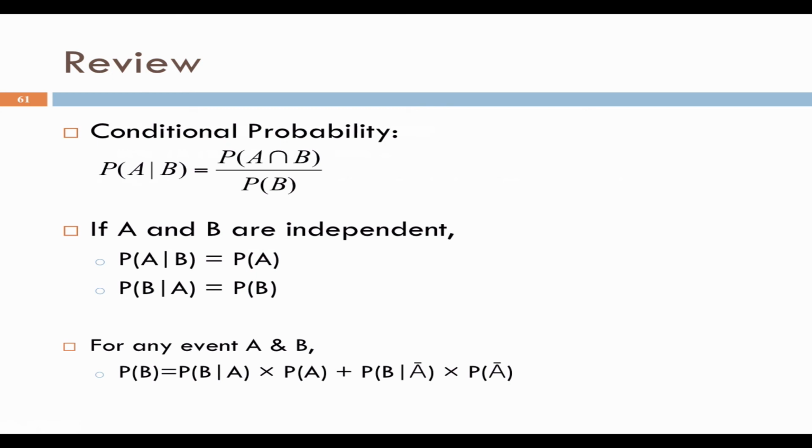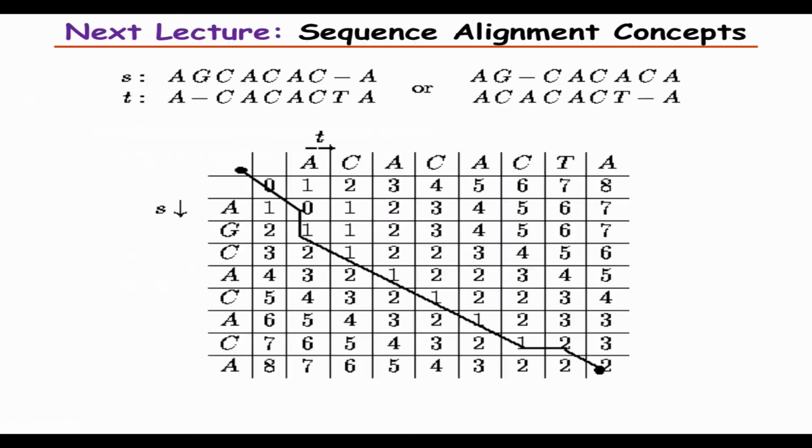And the last one is the total probability rule, which equals the summation of all the components, and the components are composed by different sets of mutually exclusive and exhaustive events. That's it. And this gives you a flavor of the next lecture.